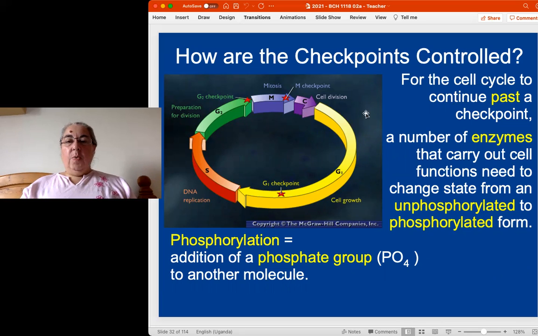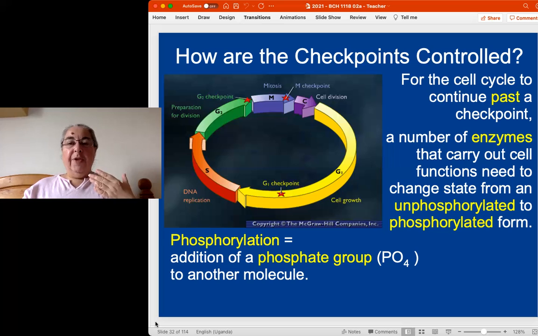So what actually makes this happen at a molecular level is that a number of enzymes that are needed to carry out the functions to allow the cell to pass these checkpoints to go on to the next stage can exist in two different forms: a phosphorylated form and an unphosphorylated form.